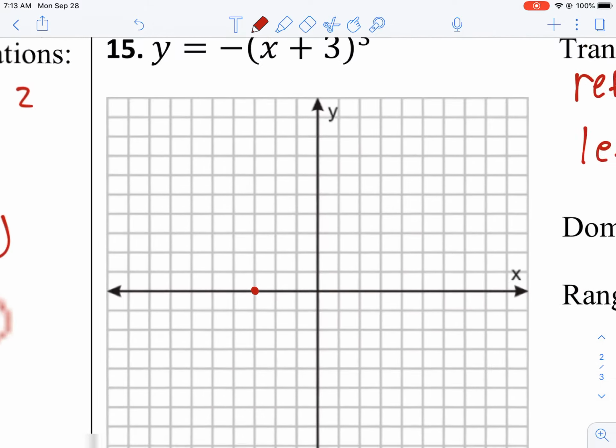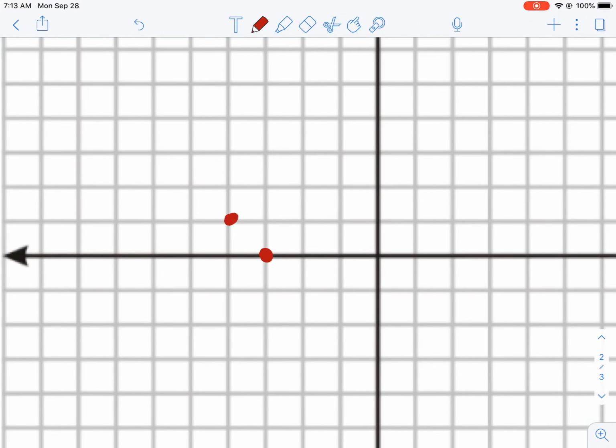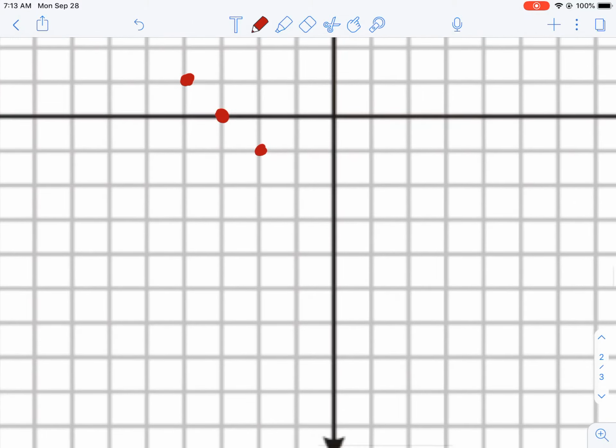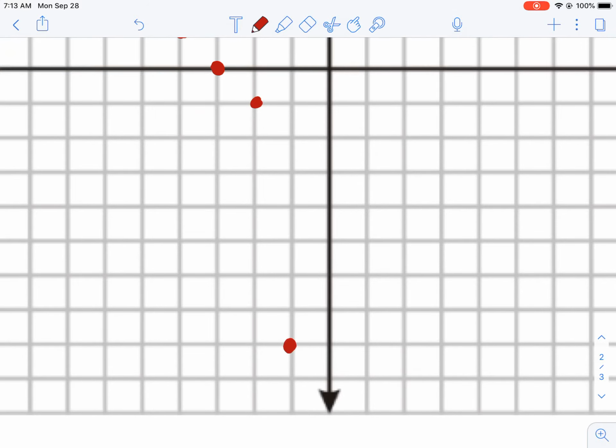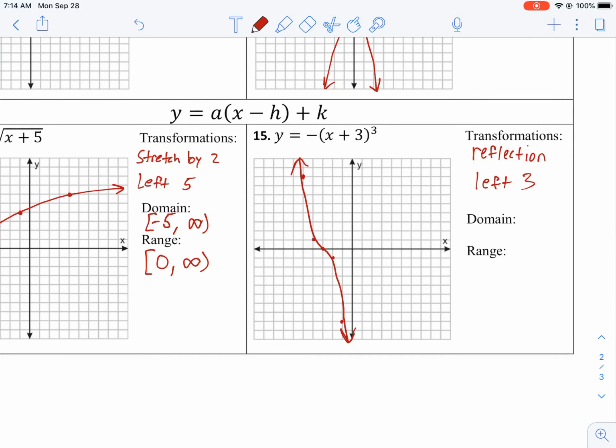So our middle is going to be to the left 3, and it's flipped upside down, so the points are going to be backwards. It's going to be moving down. And again, you can get these points off Desmos if you want. You can look on a table. It doesn't have to be perfect, so that's our shape right there.